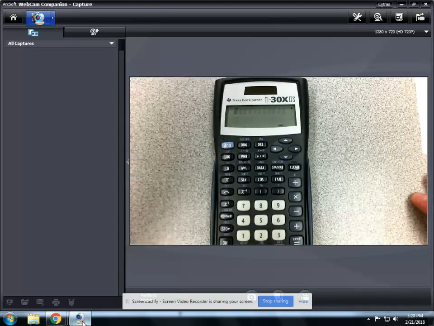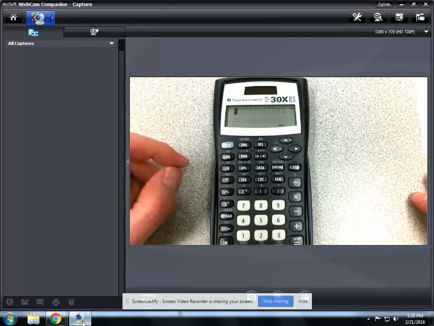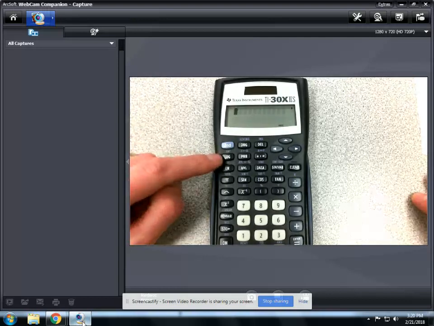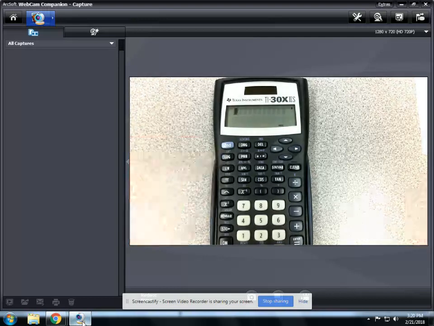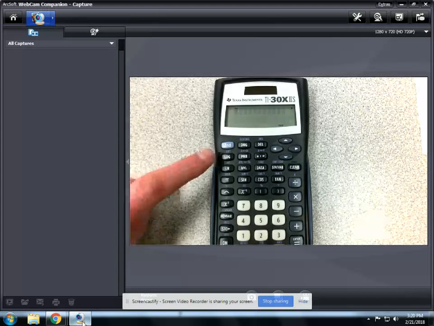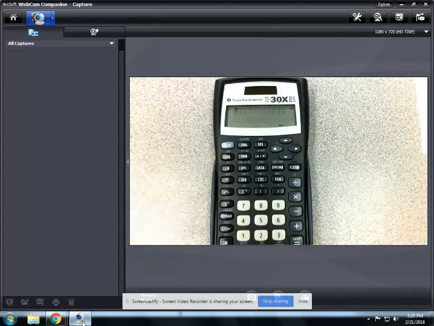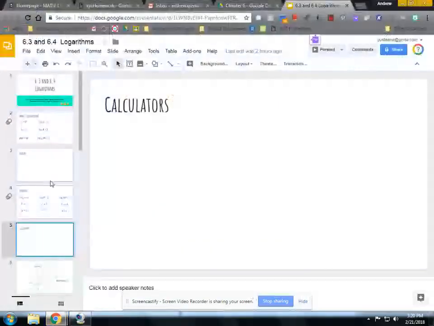Calculators are really good at doing a logarithm. So this is log. On the graphing calculator, there's another logarithm button. That logarithm button is only for base 10. I'm going to say that again. The logarithm button here is only good for base 10. It's called the common log.